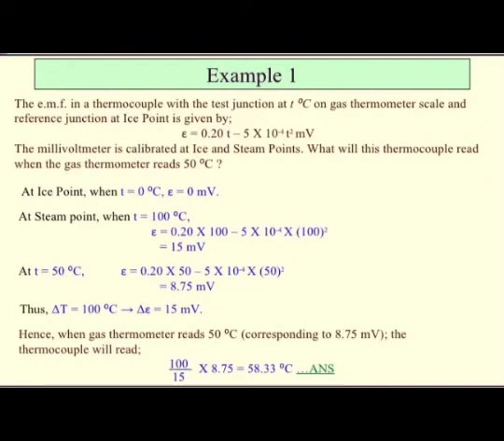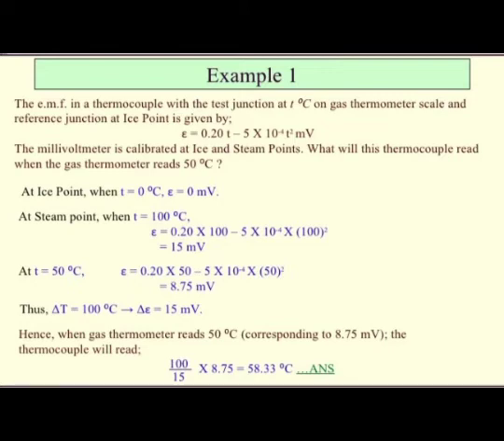So here is some example of temperature. The EMF in the thermocouple with the test junction of T degrees Celsius on gas thermoscale and reference junction of ice point is given by E is equal to 0.20 T minus 5 times 10 raised to negative 4 T squared mV. The millivoltmeter is calibrated to ice and steam points.